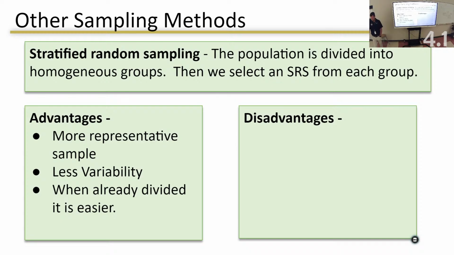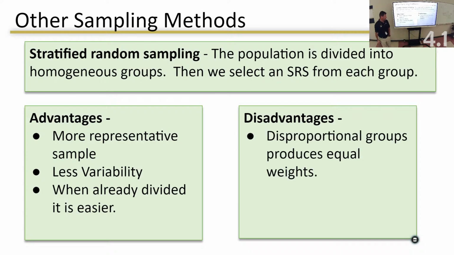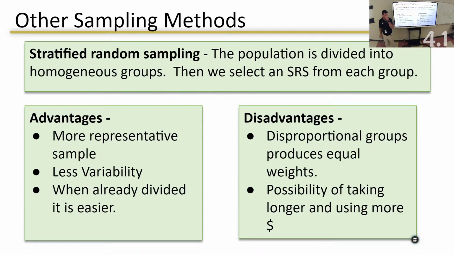Okay? The disadvantages of this are what we asked earlier about the disproportional groups. It's possible that it could take longer. It's possible it will take more money, right? Because now I have to do 2 SRSs, or in the high school, I have to do 4 SRSs, when if I could just do 1 SRS, it's a little bit easier.